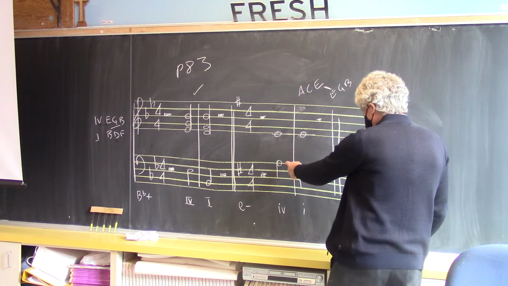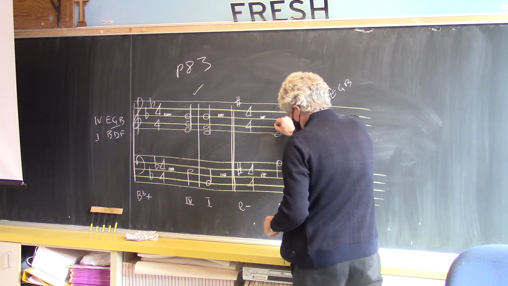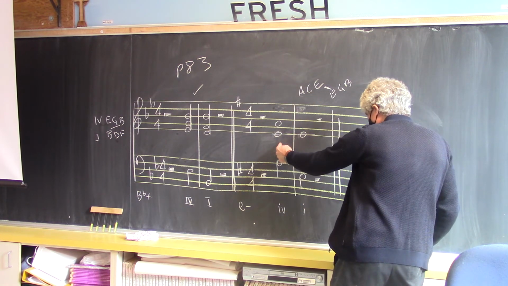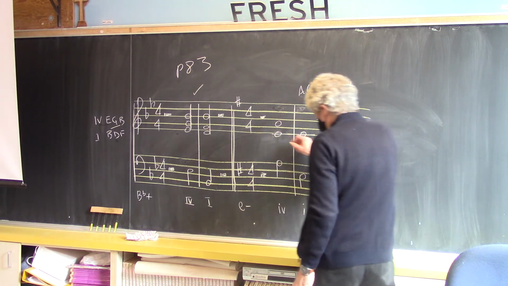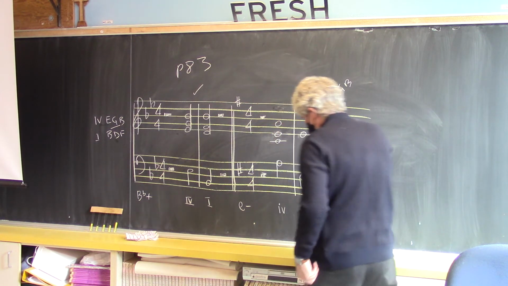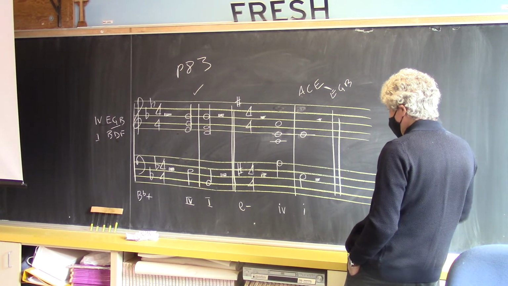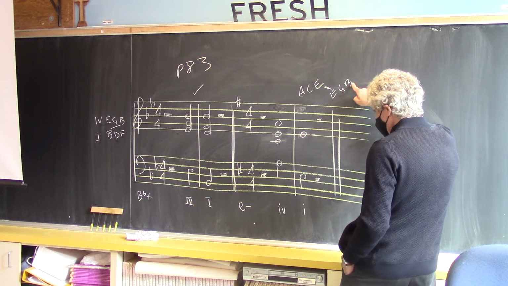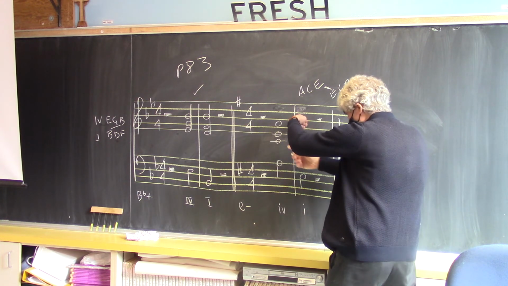Okay, so A, I need two A's. I got one. Need another one. Need a C. I could put a C down here, or I could put C up here. Doesn't matter. I'll just put it there. Okay, so E, I got the two E's. I need a G and a B. So the closest, this guy could go up to a B, but then what do you do with this one?